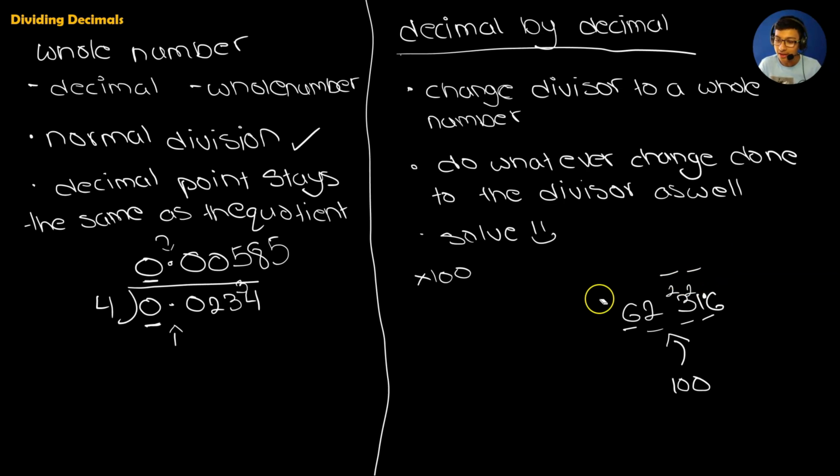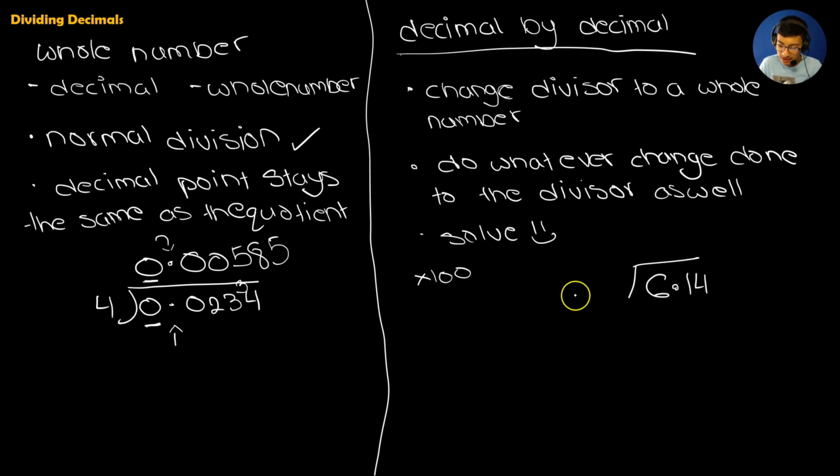Let's try another example: 6.14 divided by 0.2. Remember, friends, what we did: we changed our divisor to a whole number. In this case we multiply 0.2 by 10 to make it a whole number, which is 2.